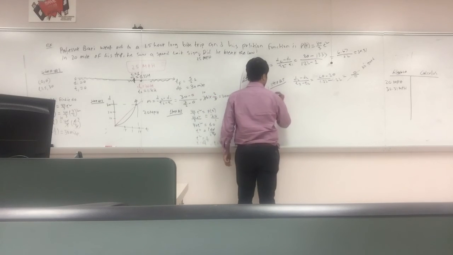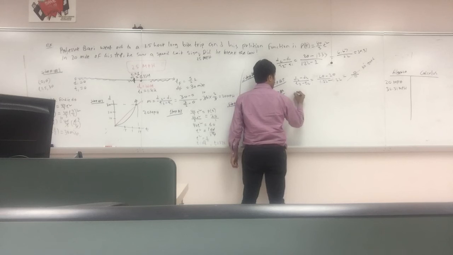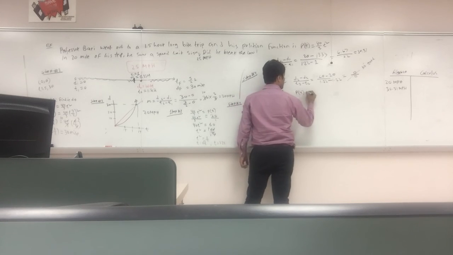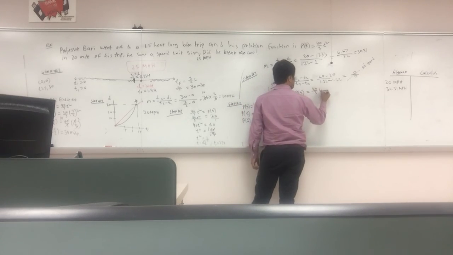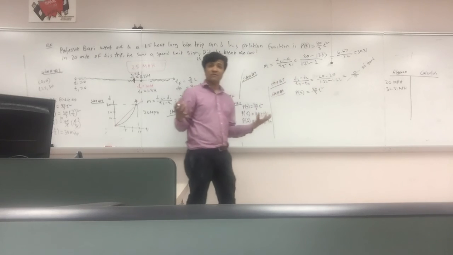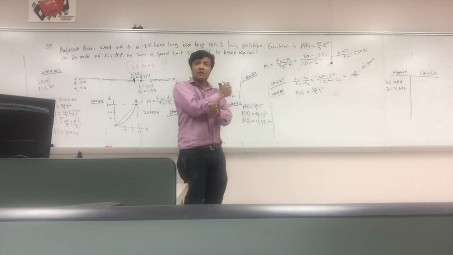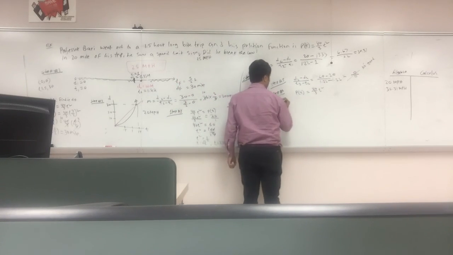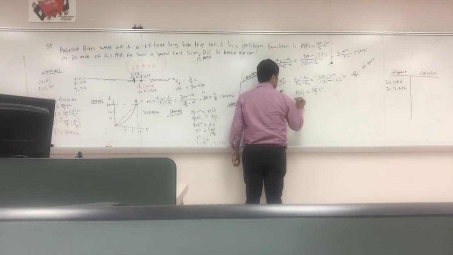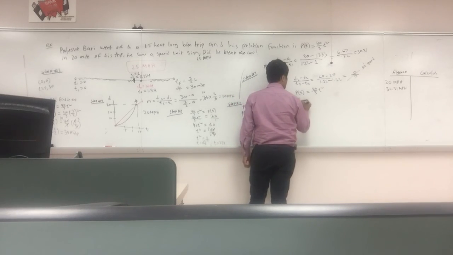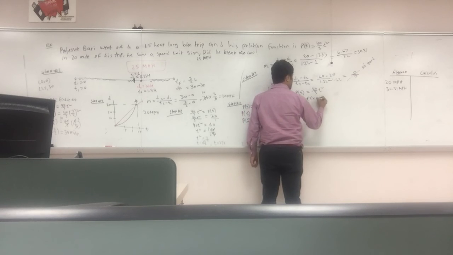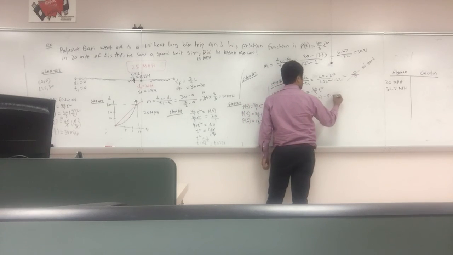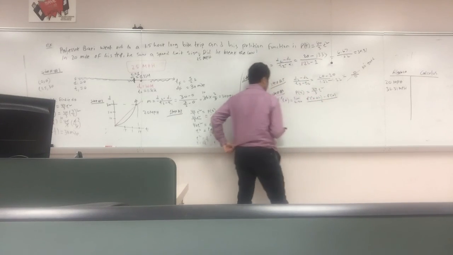So step 6. P of t is equal to 40 over 3 t squared. Now, a long time ago we talked about the limit rule of the derivative, which is f prime of x is equal to the limit as h goes to 0 of f of x plus h minus f of x over h.